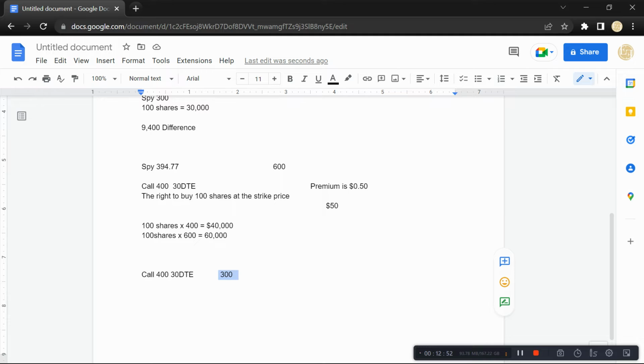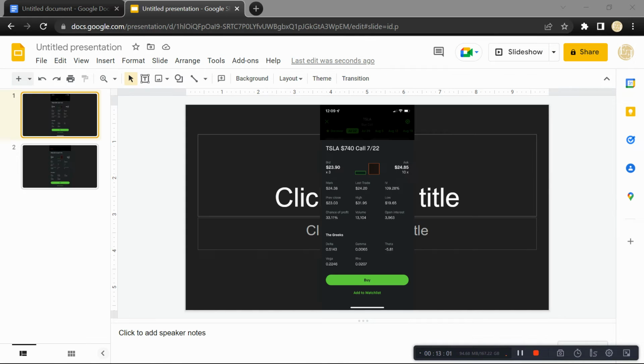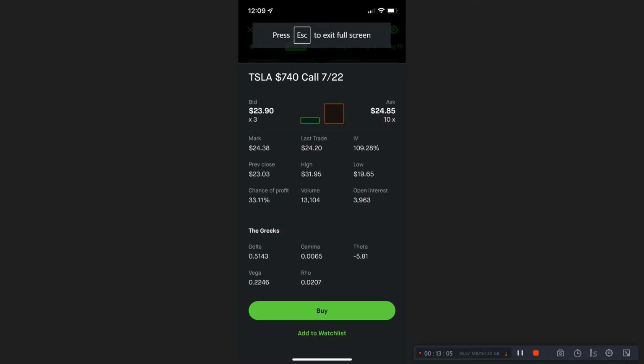So let's go ahead and look at some real options on some real stocks. And I'm about to explain some other data. So let me just go ahead and pull that up. Alright, so I'm on my Google Slides. I'm going to present it. As you can see here, this is a Tesla $740 call.